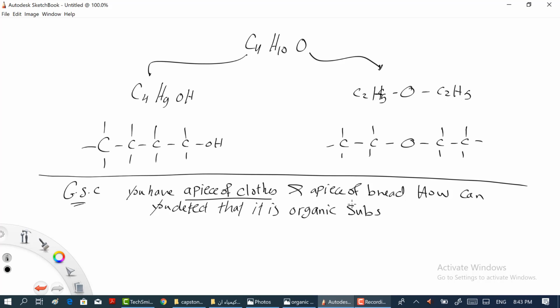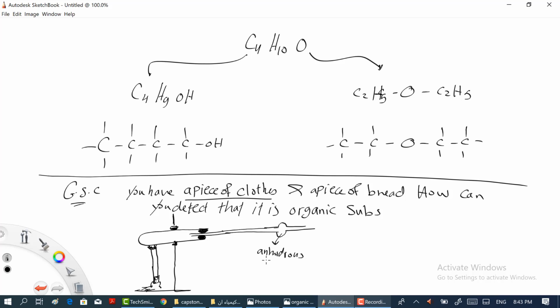Let's do a simple experiment. For this experiment, take this apparatus, a tube, and a flame. Pass the product over anhydrous copper sulfate, its symbol CuSO4 and it's white.